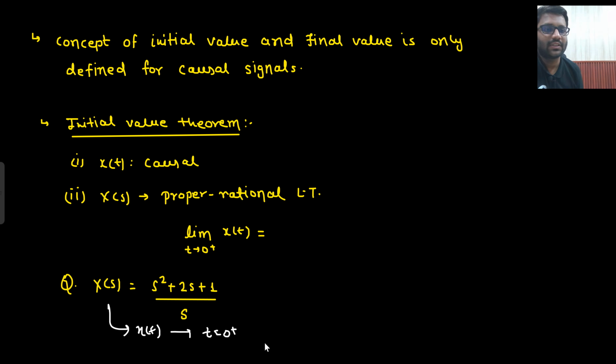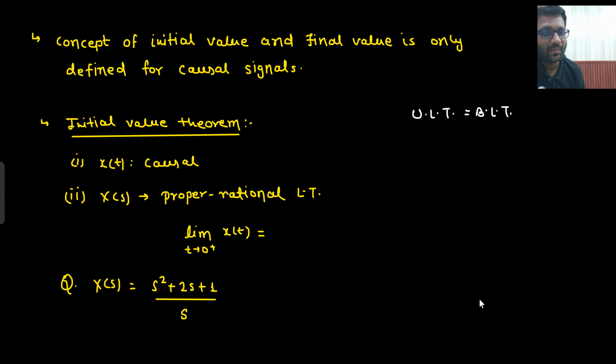So to reduce this process, we have developed the initial value theorem and final value theorem, and they are applicable only for causal signals, and for causal signals the unilateral Laplace transform and bilateral Laplace transform are both the same thing. So you can say that the initial value theorem can be applied for the unilateral Laplace transform only. What I am saying is, it is applicable for causal signals, and for causal signals you know that the unilateral Laplace transform is equal to the bilateral Laplace transform, right?